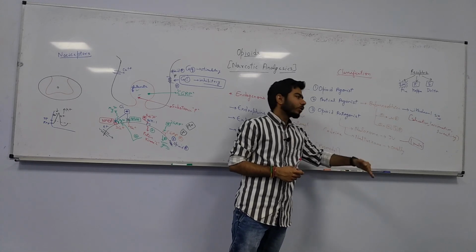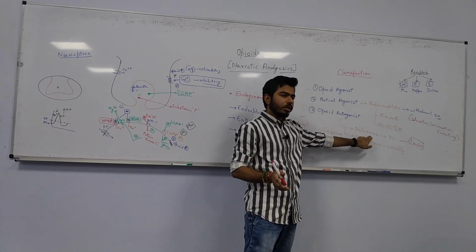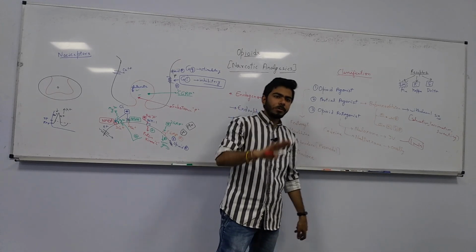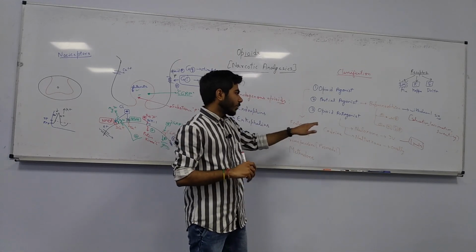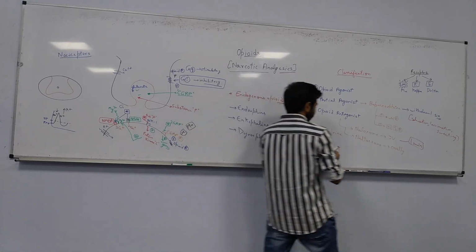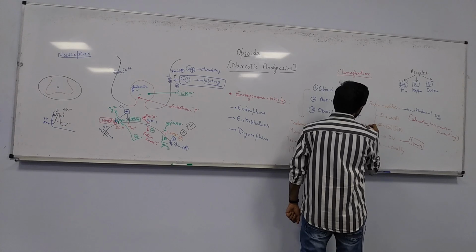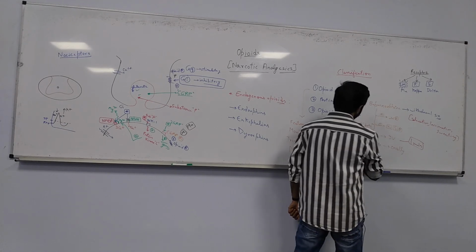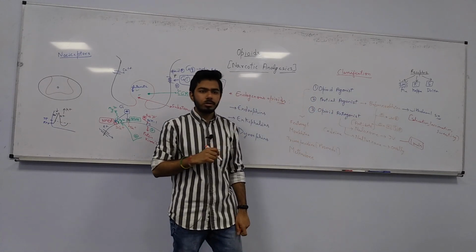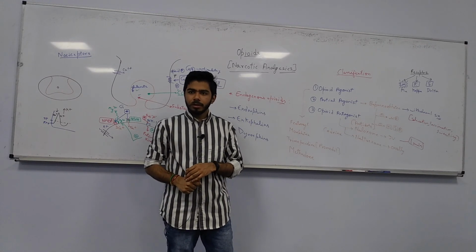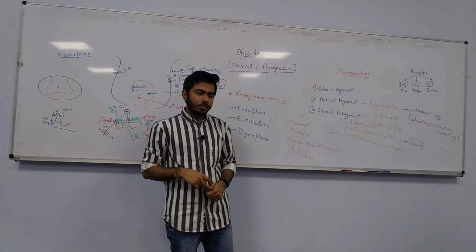Once you give naloxone, you save the patient, and then you can give naltrexone orally to detox the patient from the opioid poisoning. That's why naloxone is the antidote for opioids, and we give it in intravenous form.